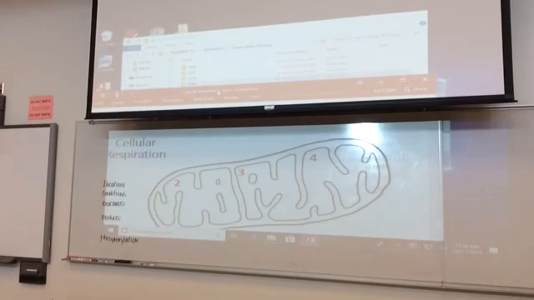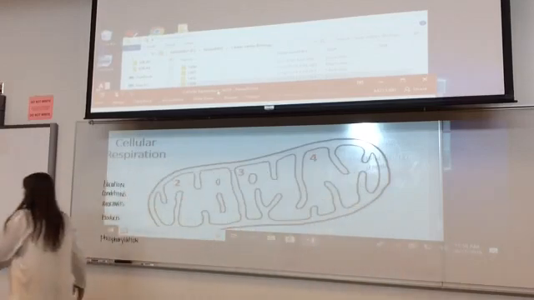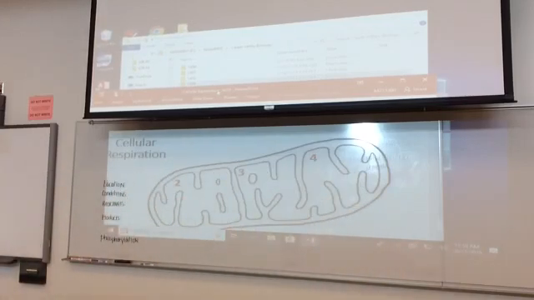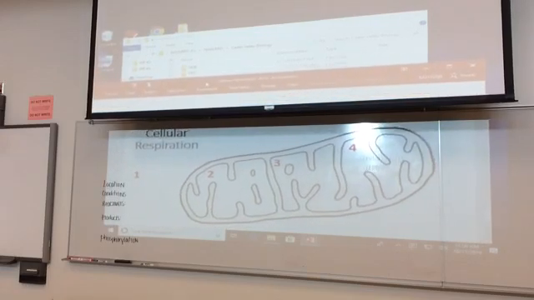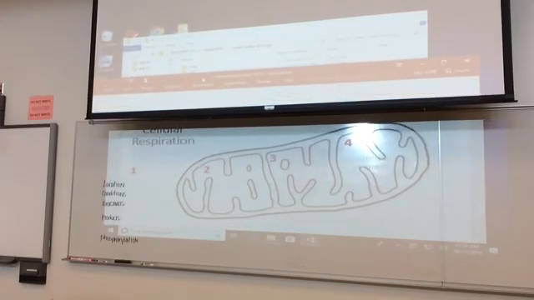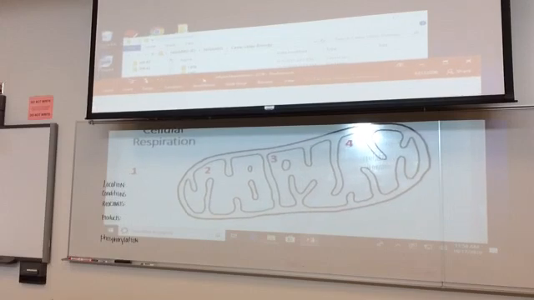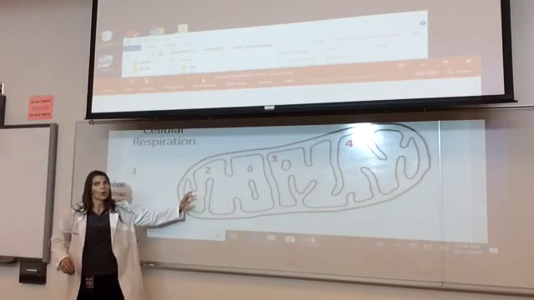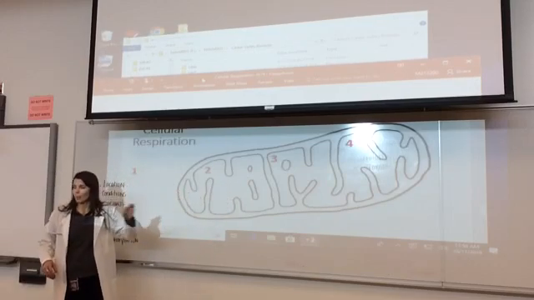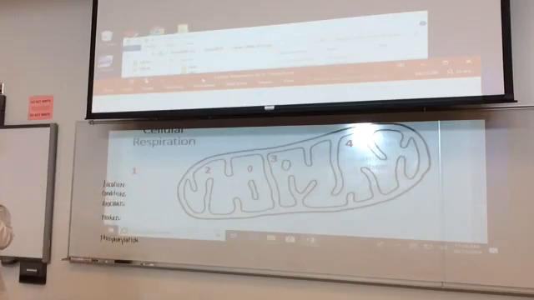I'm going to center it better. If you don't want to include all the squigglies in the middle, you don't have to. This is just the best black and white image I could get because I wanted to be able to write on top of it.